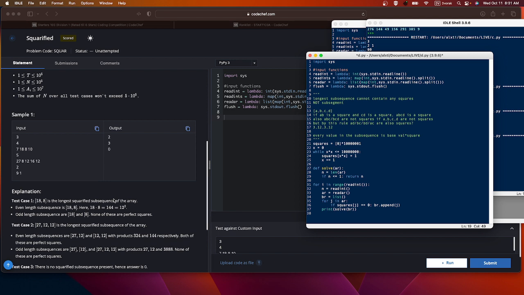So in 27, 12, 12's case, our base value is 3. That is not a square, so it works. You have 27, 12, 12. Okay.